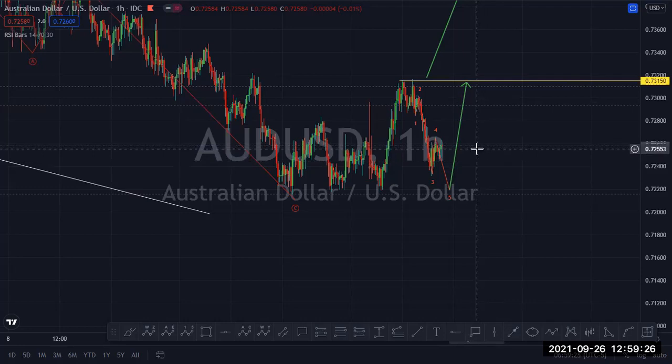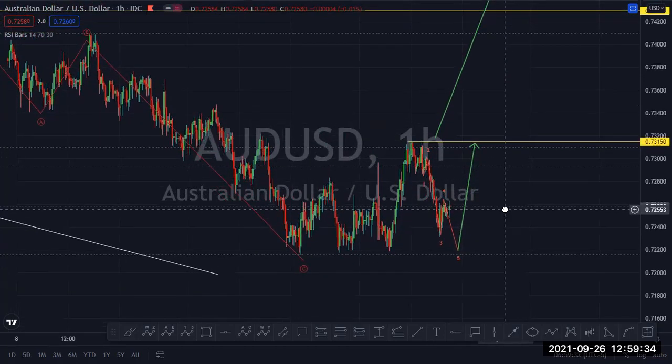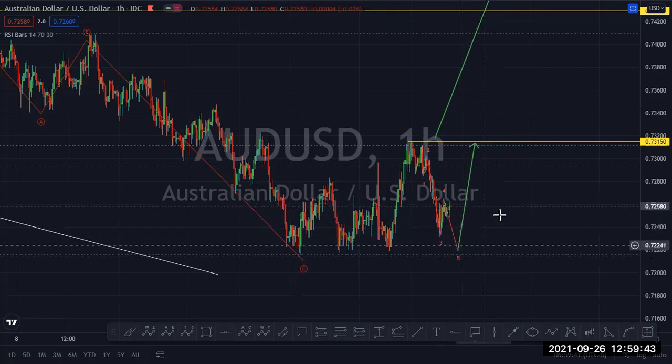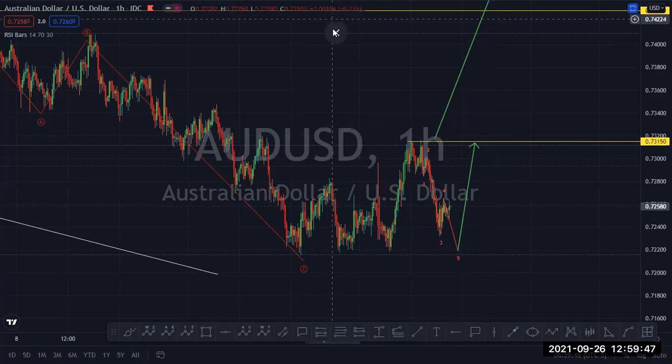But based on 4 hours charts, if I get 5 waves at this level, I will buy based on judgment of 4 hours level. For now, I wait for it. Or maybe if 5 waves completes, a break of this level, you confirm the buy.